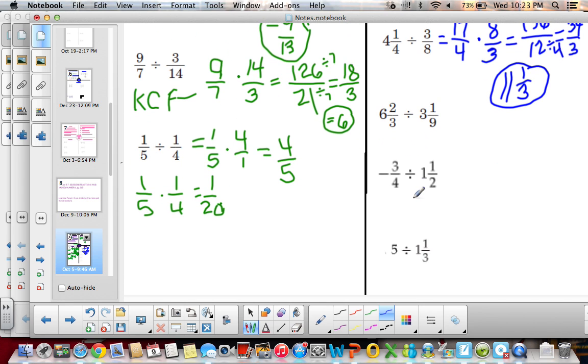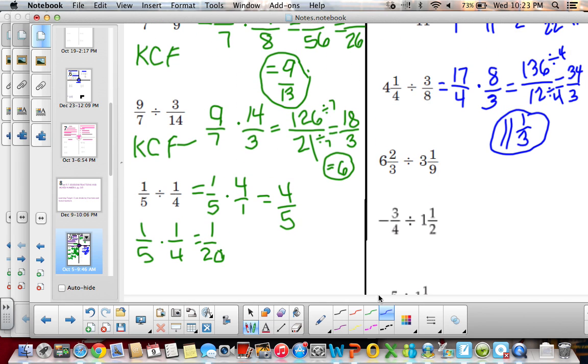Okay, if we have 6 2/3 divided by 3 1/9. So we're going to convert it. So we have 6 times 3 is 18 plus 2 is 20 thirds. Oops, I'm going to keep it divided by just right now while I'm converting it.